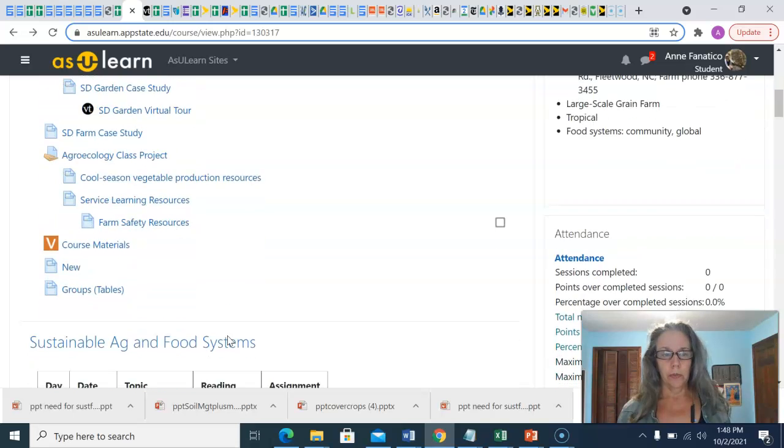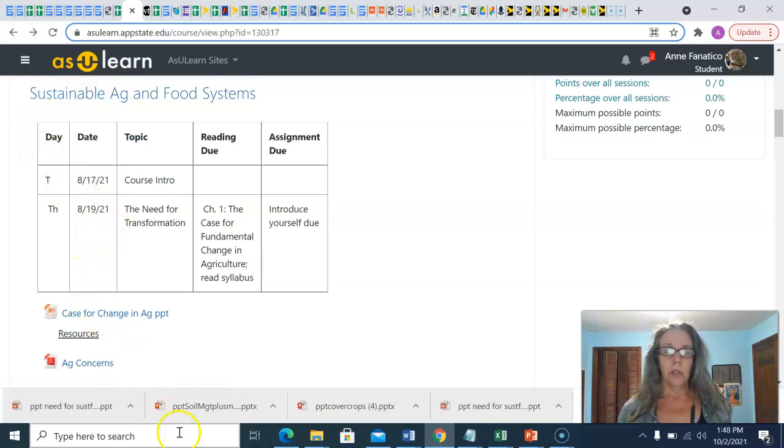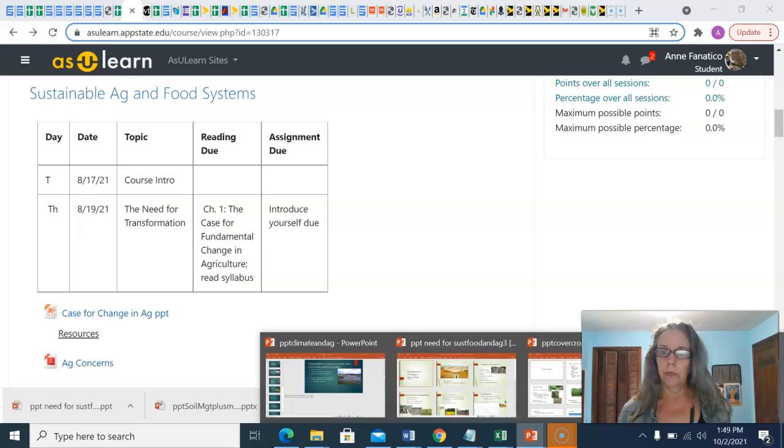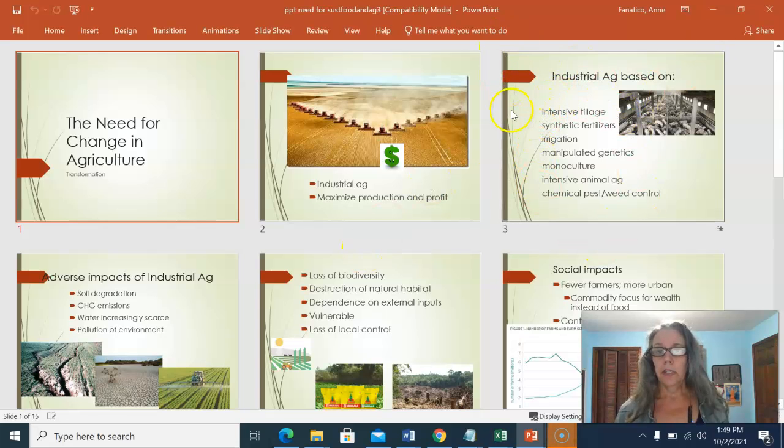SD facilities. When we started talking about sustainable food and ag systems, what I gave you, you of course read chapter 1, and I didn't do a mini lecture for this. This was actually a PowerPoint, and the PowerPoint made sure that you understand, reading in the chapter, that industrial style agriculture is about maximizing profits and production, and that these are the key things that industrial ag is based on: the intensive tillage, synthetic fertilizers, irrigation.